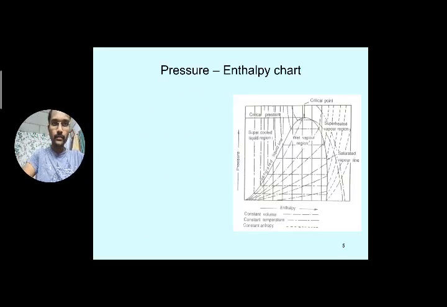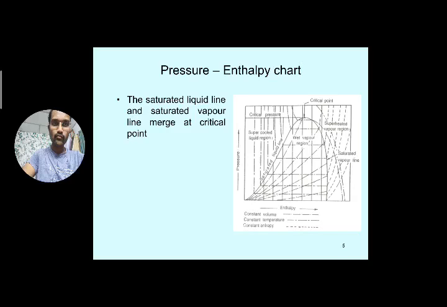And next, the saturated liquid line and saturated vapor line meet at a critical point, as already discussed.